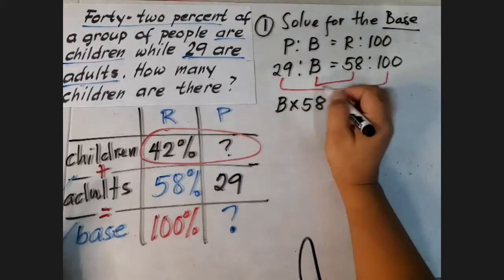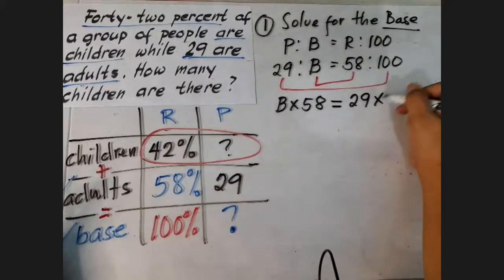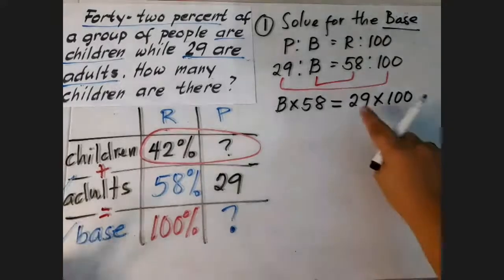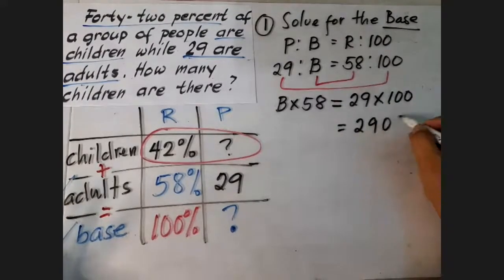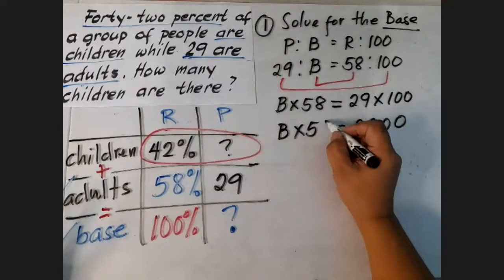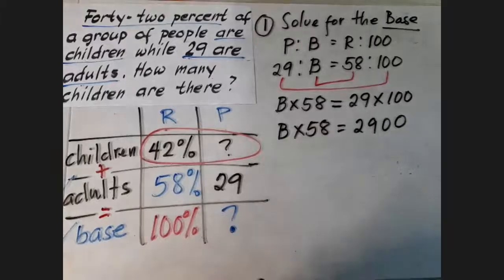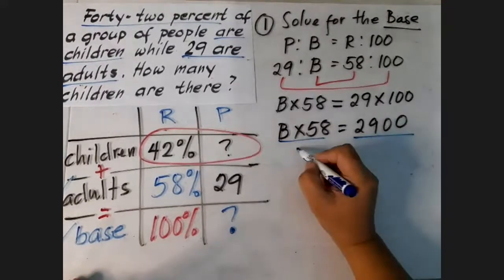and 29 times 100. Okay? And 29 times 100 is 2,900. That is equal to B times 58. To solve for B, we need to divide both sides by 58.